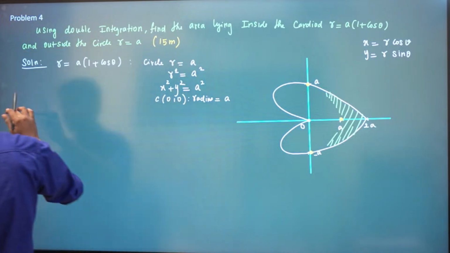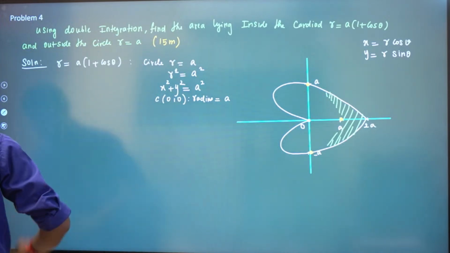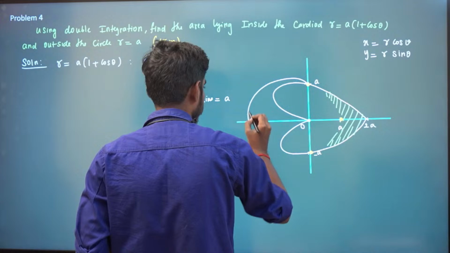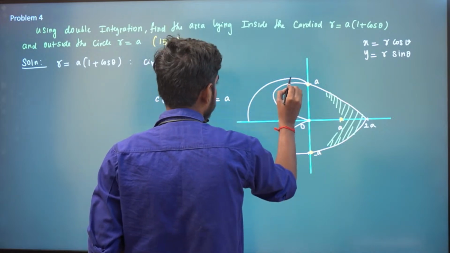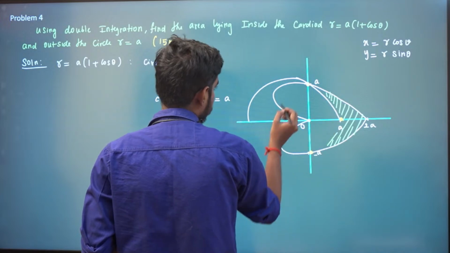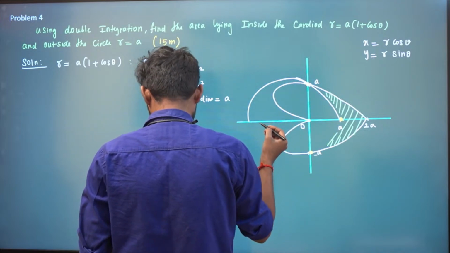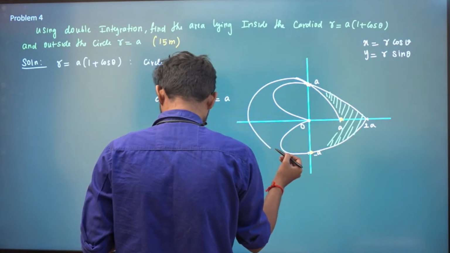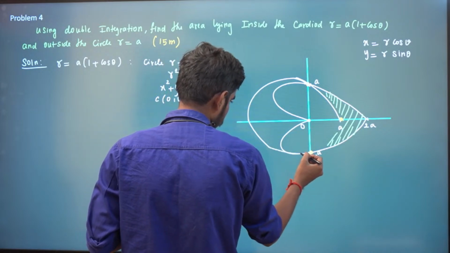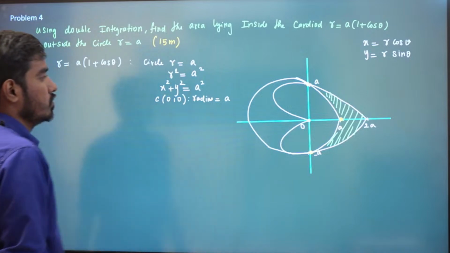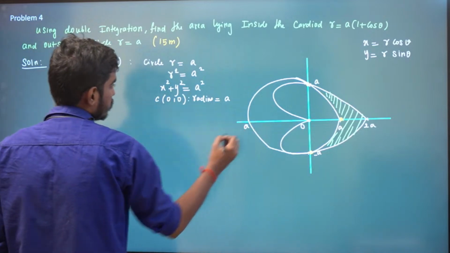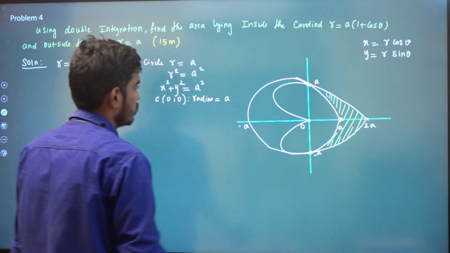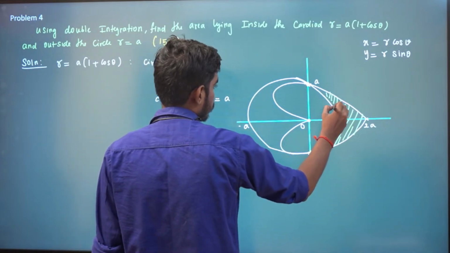So the exact diagram will go like this. This is minus a and this is a and a. This is the circle.